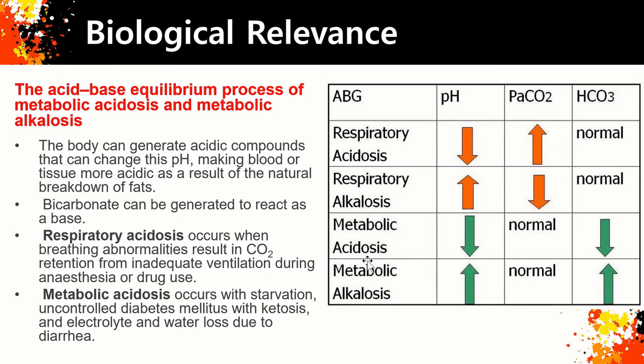For metabolic acidosis and metabolic alkalosis, right, the carbon dioxide concentration is normal. However, the bicarbonate concentration is what decreases with acidosis, and for alkalosis, the bicarbonate concentration increases. And as we saw previously with the respiratory acidosis and alkalosis, similarly, acidosis is accompanied by a decrease in pH, right, and alkalosis, an increase in pH.